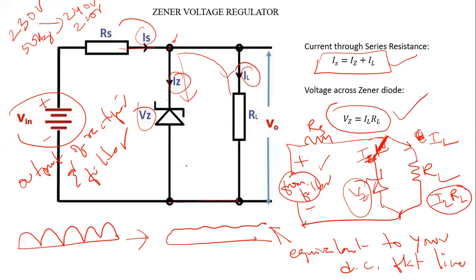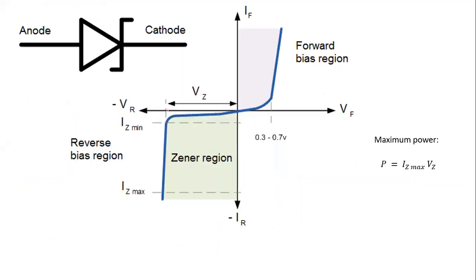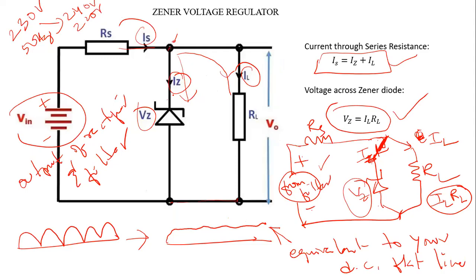And under reverse breakdown, the voltage across the Zener diode is kept at a constant value, VZ. The voltage across the Zener diode, VZ, must always equal the voltage across the load resistance, because they are connected in parallel. So VZ is equal to IL into RL.